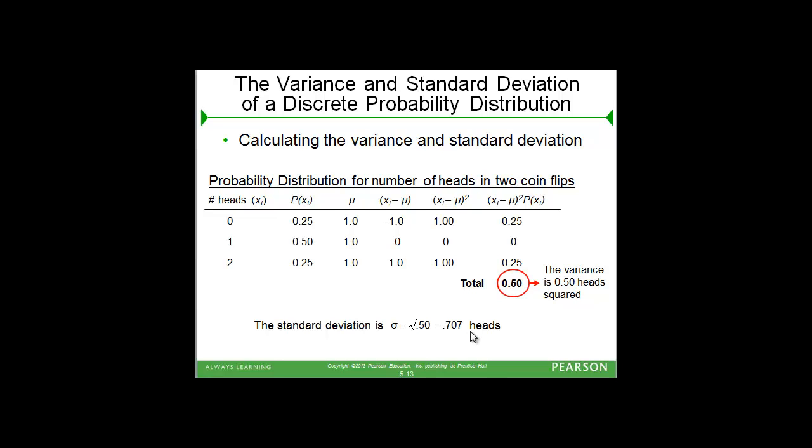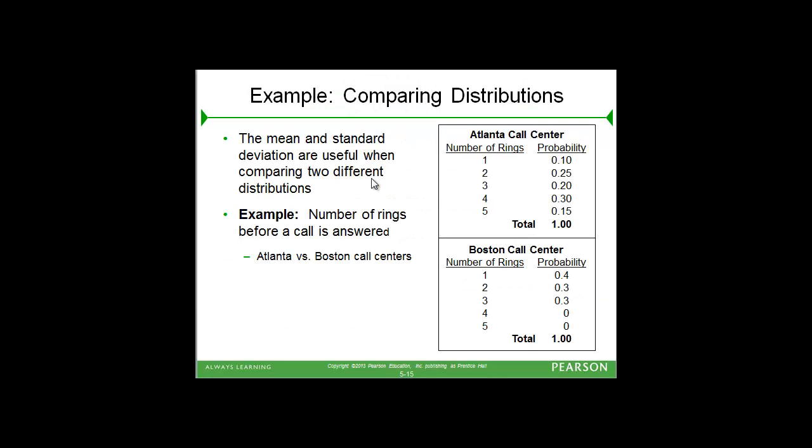The mean and standard deviation are useful when we compare two different distributions. For example, we're going to compare the number of rings before a call is answered at the Atlanta and Boston call centers. Those are the data we collected from the two call centers. The number of rings are the random variables, with the probability for each.